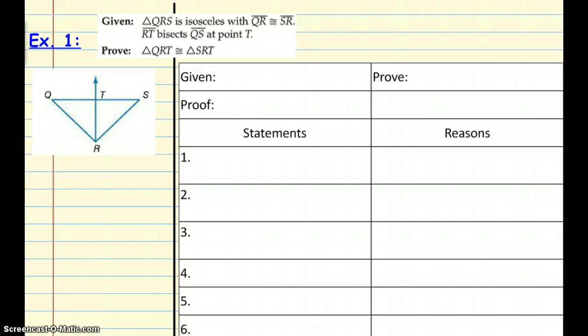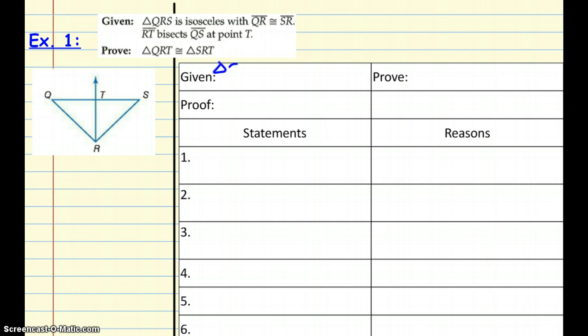Here's the first one. This is given: QRS is isosceles with QR congruent to SR, and RT bisects QS at point T. We're going to prove triangle QRT is congruent to triangle SRT.